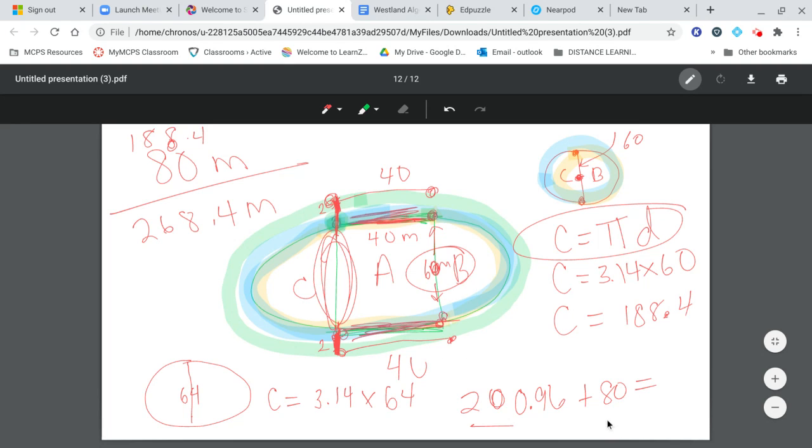And this person's actually going to run 280.96. Well, look at what we were talking about. That's why you can't start them at the same spot, because if you did, this person would be only running 268 meters. This person would be running like 281 meters. It's not a fair race if someone runs longer.